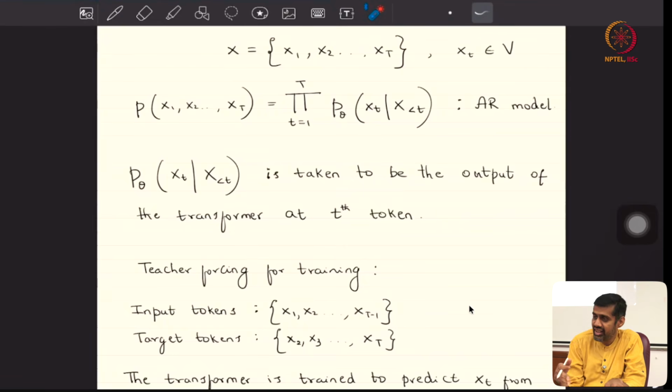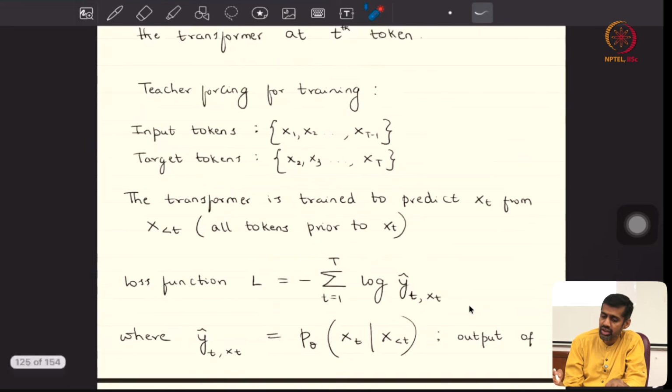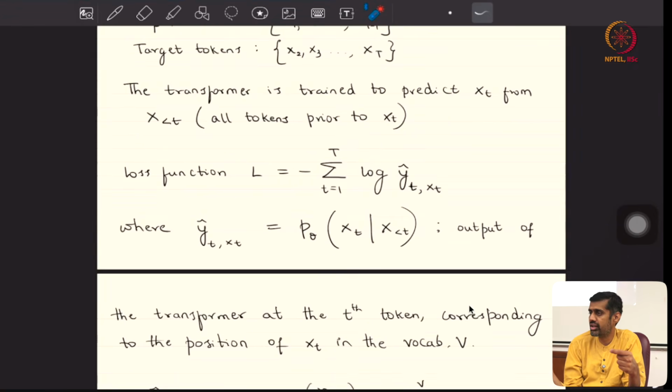So they train these LLMs using this. You take x1 through xt minus 1 and the target tokens are taken to be the next tokens, and then simply use the cross entropy because it's a discrete distribution at the output, over the vocabulary.